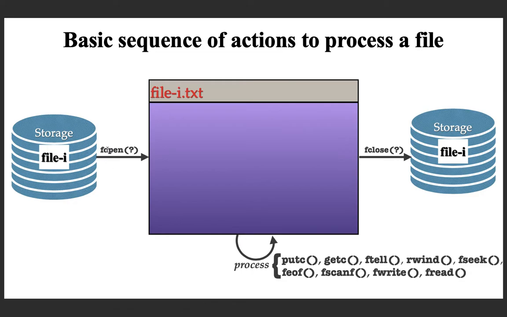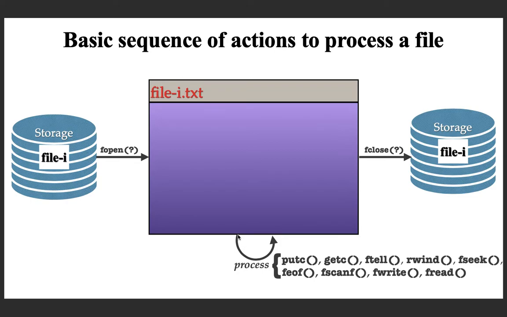The fopen function call can be used to do that, and we have seen what fopen is in the last class. This is just a pictorial representation to illustrate how you will open a file in your program.